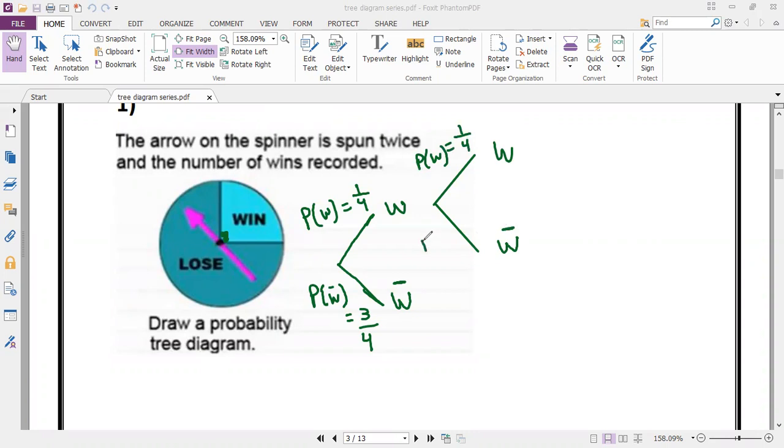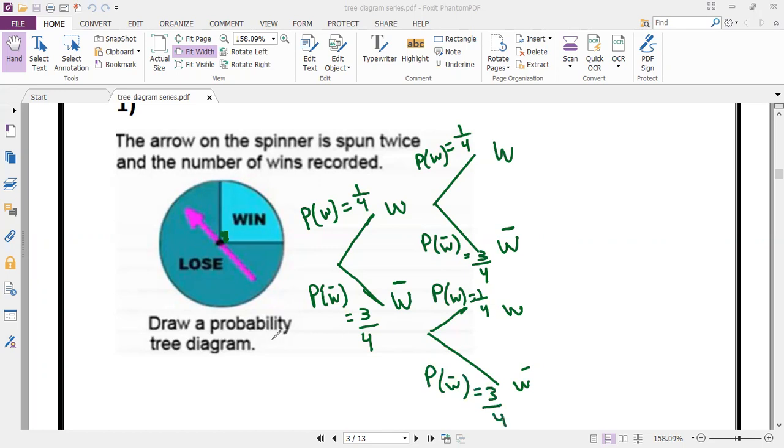And P(W dash) equals what? 3 quarters. And the next time, we have W and W dash, and we need to write the probability. So P(W) equals 1 out of 4, and P(W dash) equals 3 out of 4. This is the probability tree diagram. Let's go to the next.